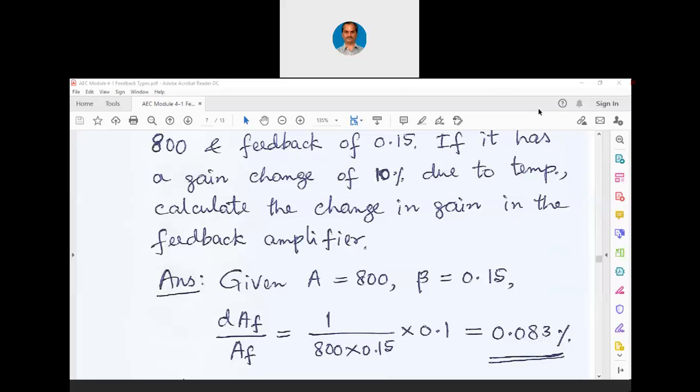Now we can observe that the open loop gain changed by 10%, whereas the closed loop gain changed only by 0.083%, which means with the negative feedback, the gain is becoming more stabilized. Even when the open loop gain changes by 10%, the closed loop gain did not change even 1%. It is around 0.083%. That means the gain with feedback is more stabilized with negative feedback.